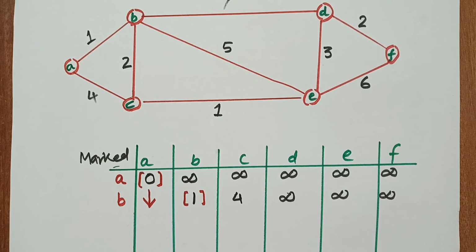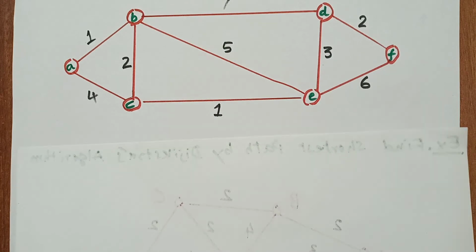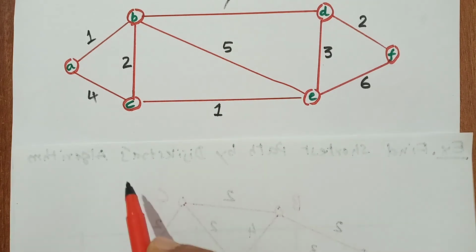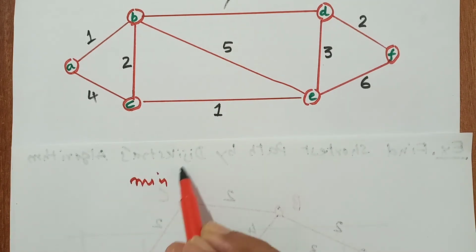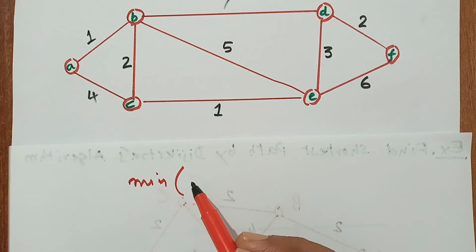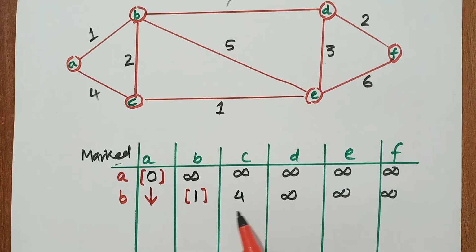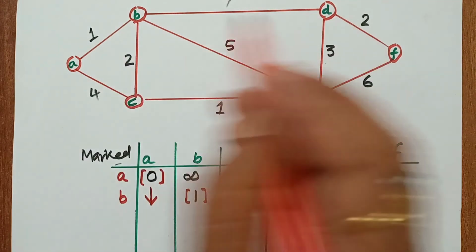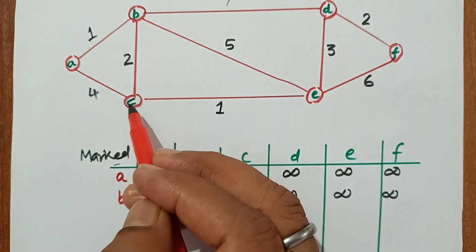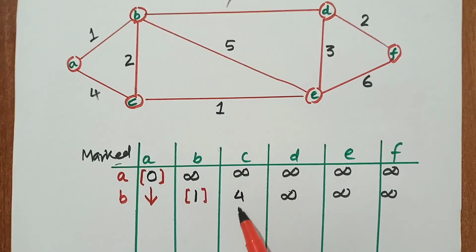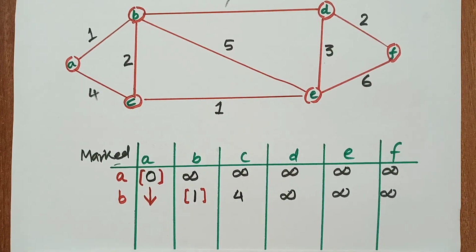Okay, so for C we will use the formula. What is the formula? Formula is minimum of the old destination, means what is the old value of C? The old value is 4, so we write 4, comma.